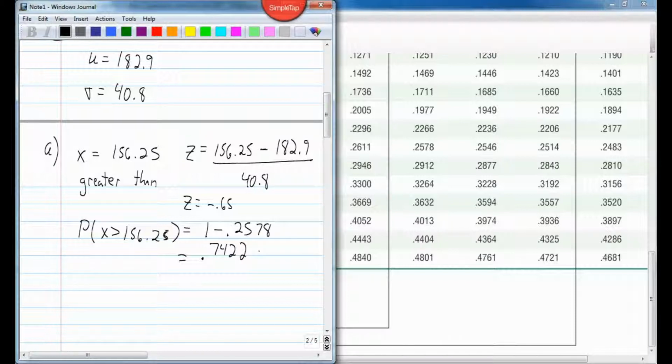So that means that there is a 74.22% chance that if you randomly select an adult male, their weight will be larger than 156.25.